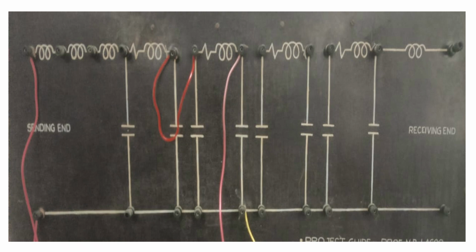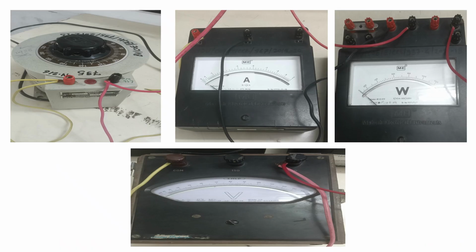We'll discuss it later. Now, what are the apparatus which we have discussed? This is the dimmer or auto transformer having 0 to 270 voltage. Then AC ammeter, which of course should be connected in series. Then AC wattmeter.